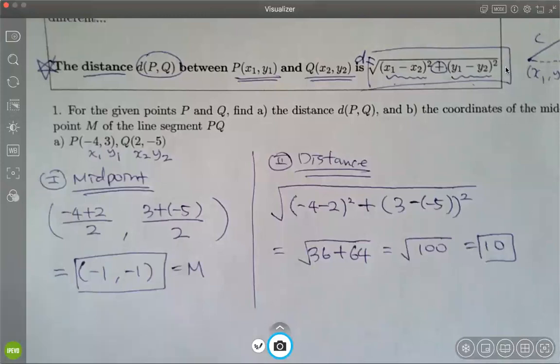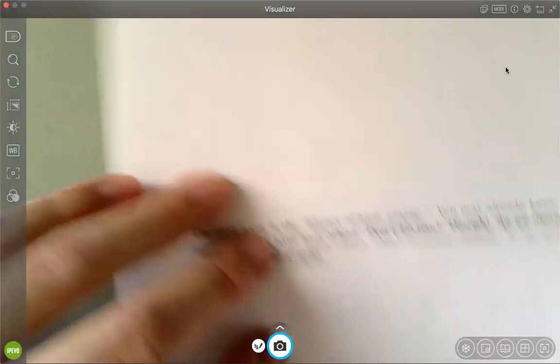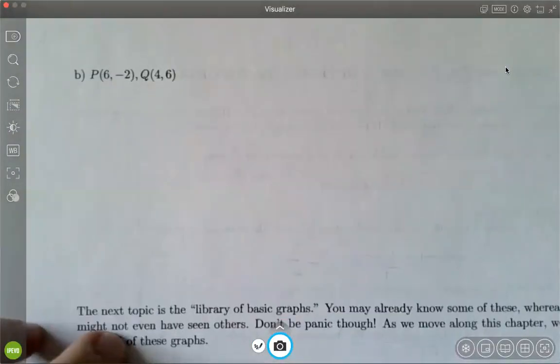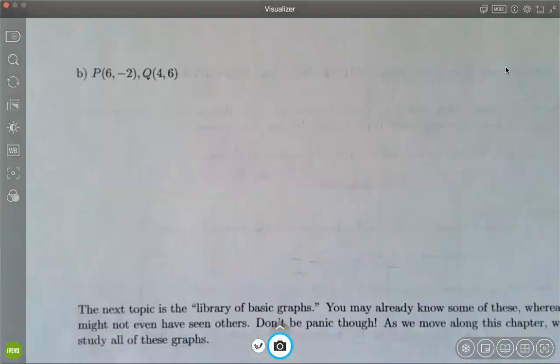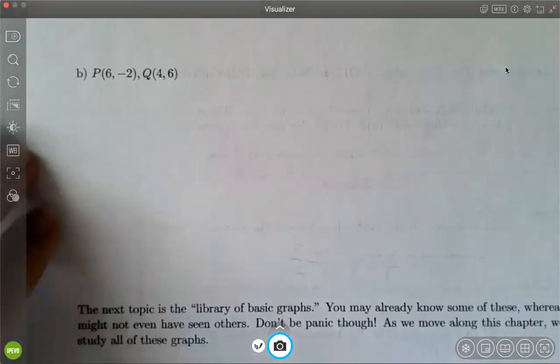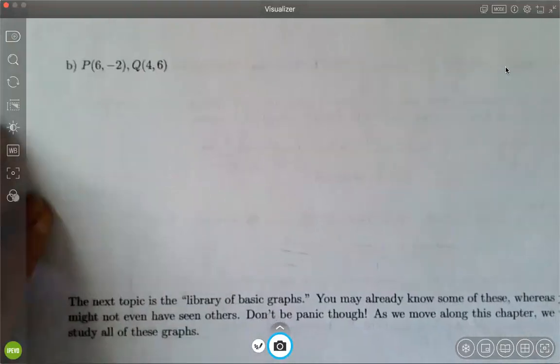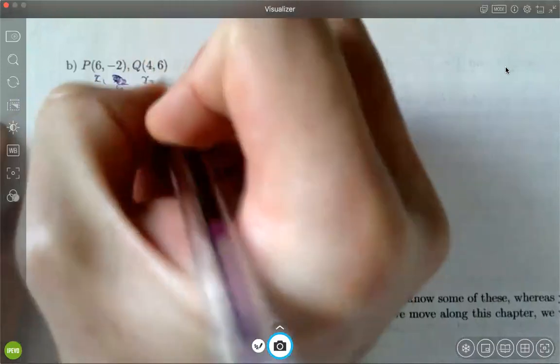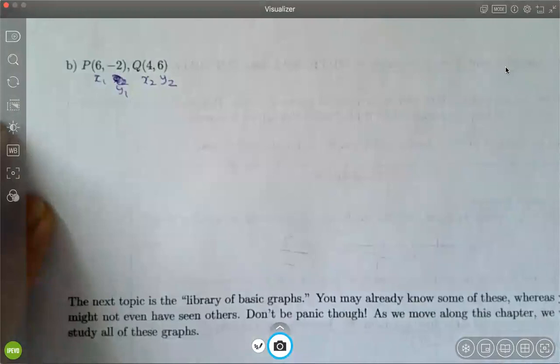Okay, so now part B. 6 comma negative 2 is P and 4 comma 6 is Q. Okay, so again, let's identify x1, y1 and x2, y2. Okay, so first thing first, the midpoint.